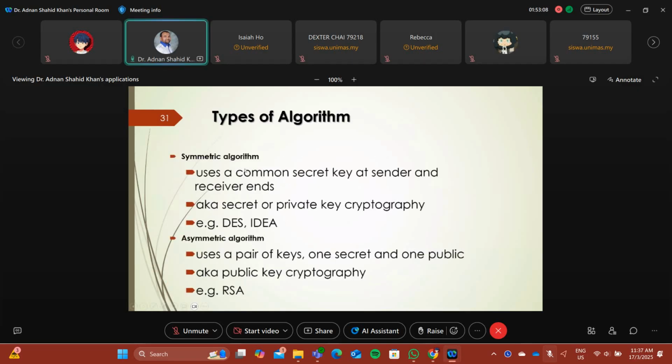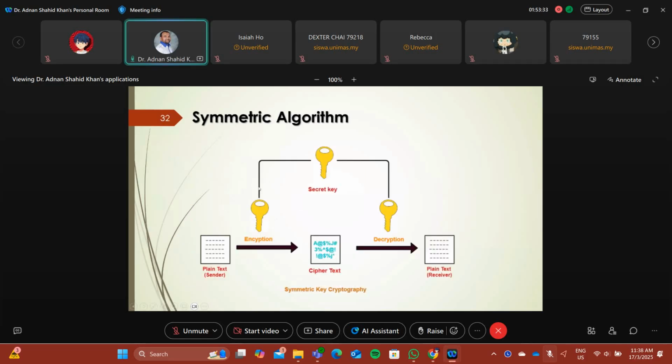Now we have types of algorithms. A symmetric algorithm uses a common secret key at the sender and receiver end, also known as secret or private key cryptography. DES and IDEA are examples. An asymmetric algorithm uses a pair of keys, one secret and one public, also known as public key cryptography. RSA is an example.